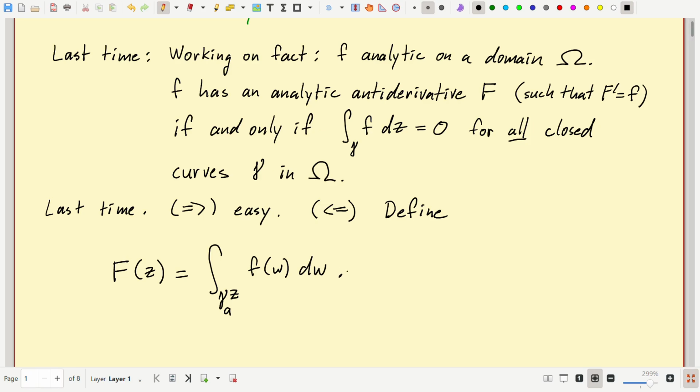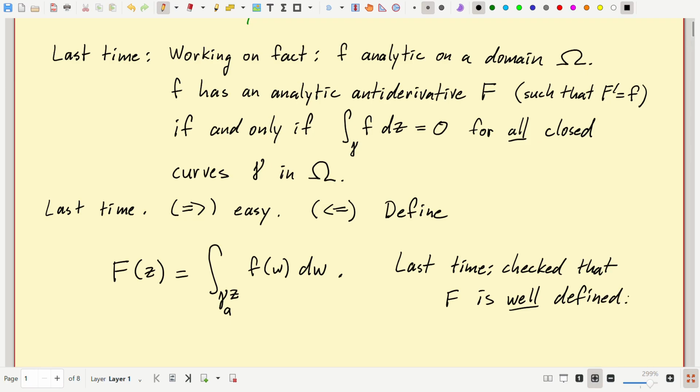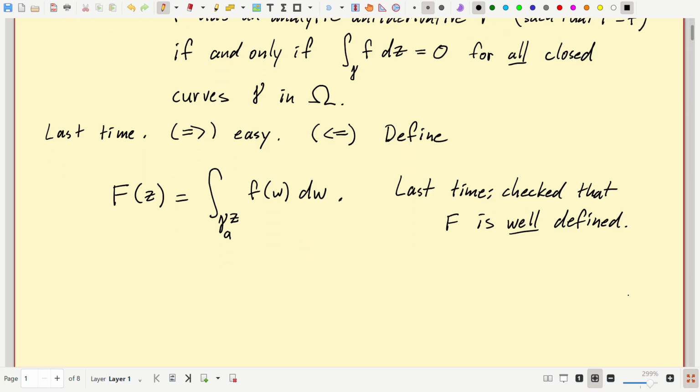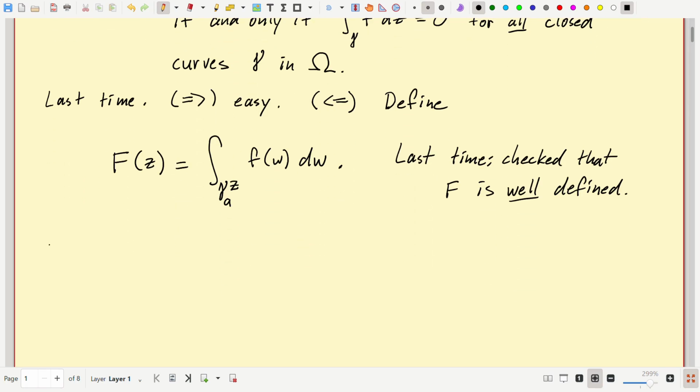Last time we showed that that's well defined, and it's the hypothesis that allows me to see that. We checked that capital F is well defined, meaning it doesn't depend on the curve. I could pick any curve that starts at the fixed point A and goes to the point z.